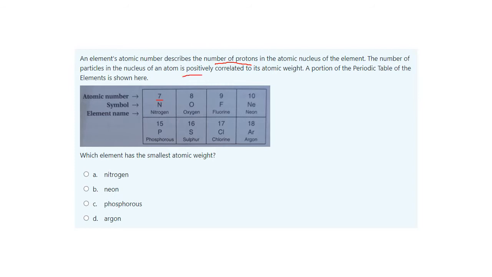But there is a positive correlation. That means when one increases, the other one also increases. So if you increase the atomic number, you also increase the atomic weight. They both increase together. So which one has the smallest atomic weight? Well, which one has the smallest atomic number? The answer is nitrogen. So we are looking for answer A.